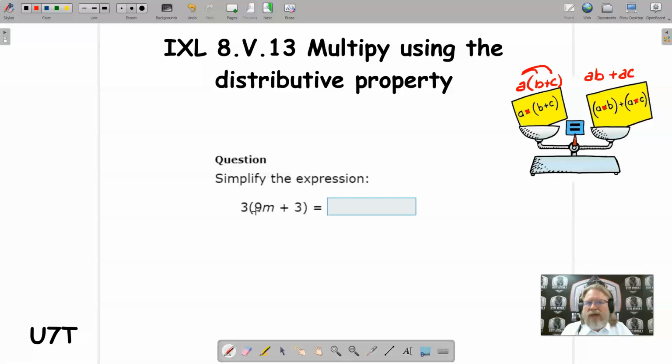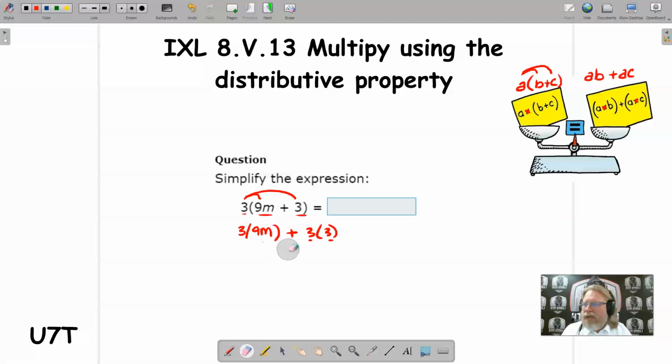So we'll do the same thing on each of these activities here. We need to take this 3 and distribute it into the 9m and also to the positive 3. So 3 times 9m, and we're going to add that to 3 times 3. We're just distributing this 3, which shows up here and here. It's being distributed to the 9m and the 3.